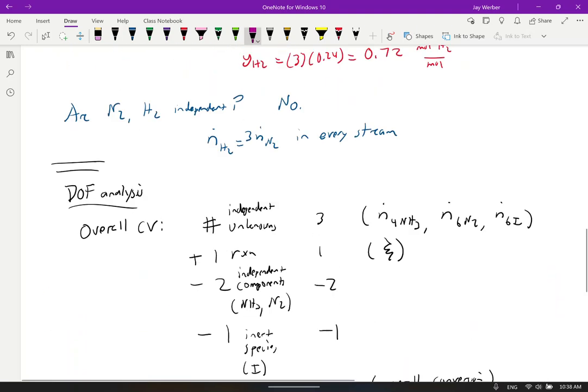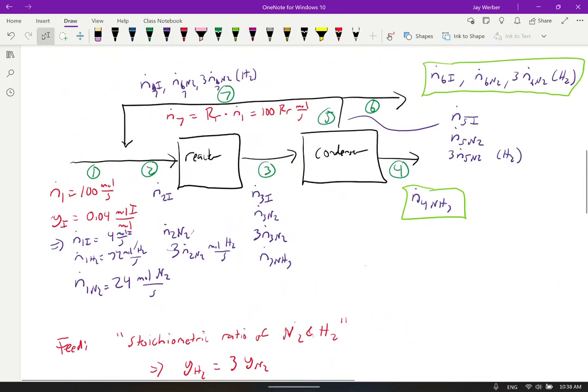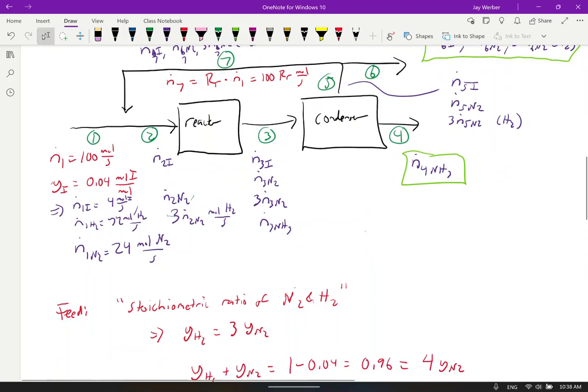Okay, and so if we assume RR is known, then we know N7, we know N6, and so therefore we'll know N5, which is all good.